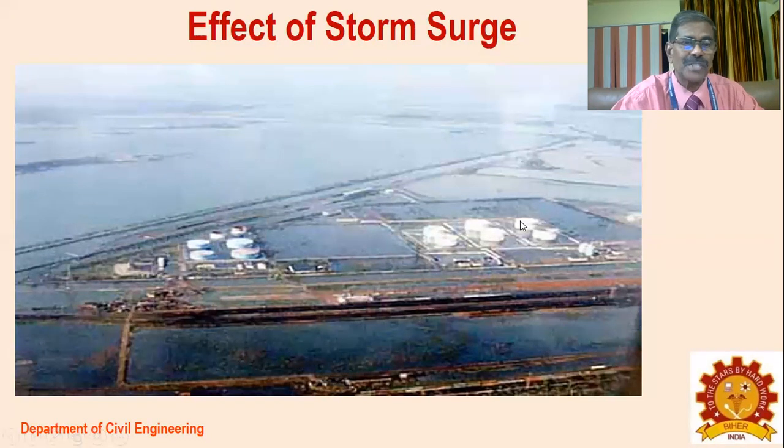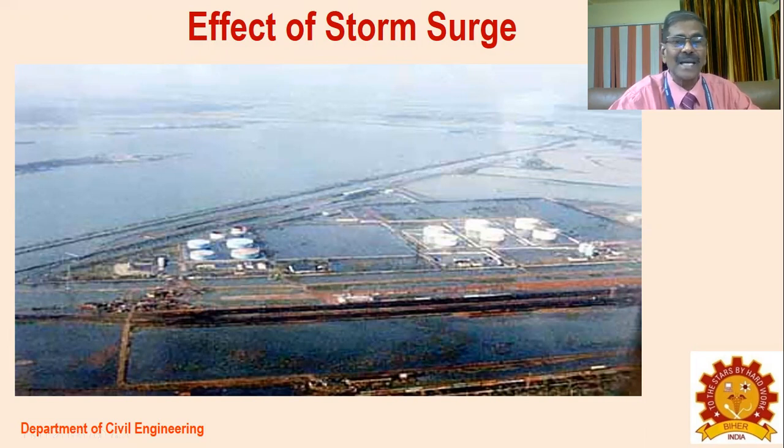In such power plant structures and oil jetties, the sea enters into these structures, and it stays there for a longer time, many days, and it will spoil a lot of the work activities as well as incur some loss, because the seawater can cause a lot of damage in the land area. So that is the effect of the storm surge.